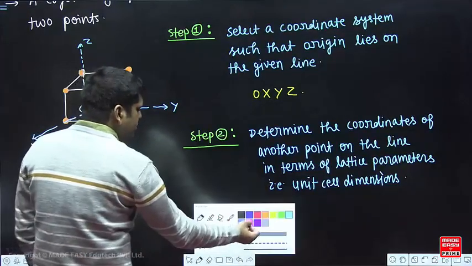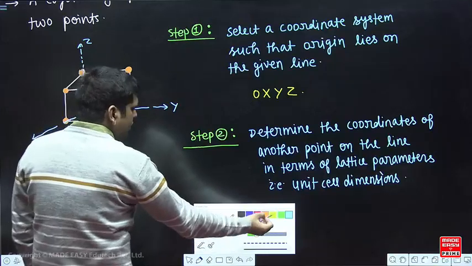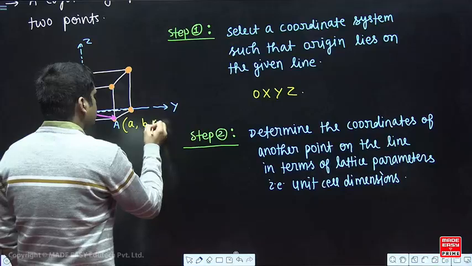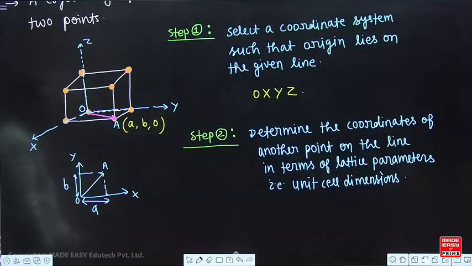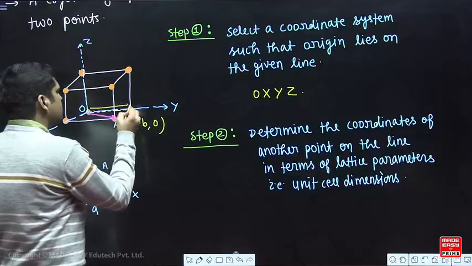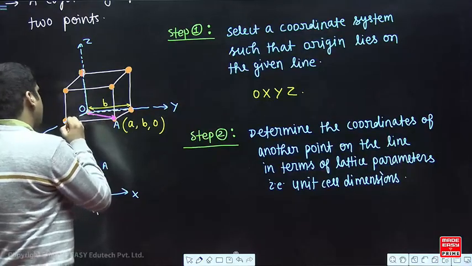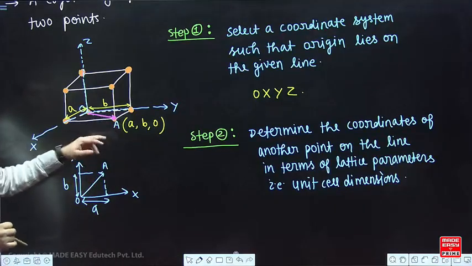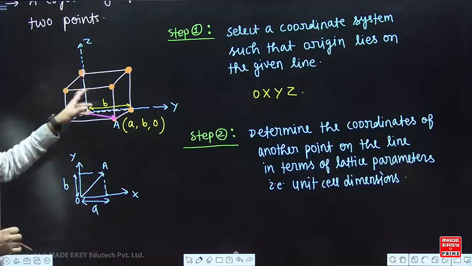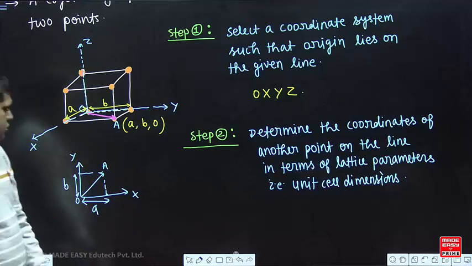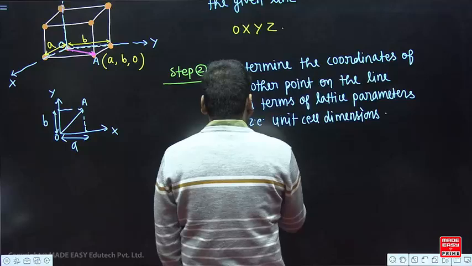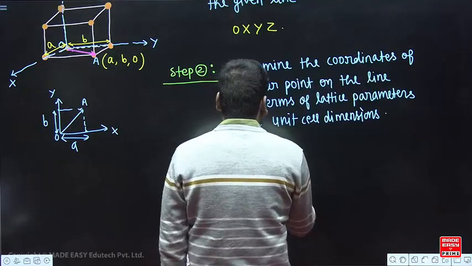So the coordinates of this point A can be written as a, comma, b, comma, 0. b is the unit cell dimension along the y axis, and a is the unit cell dimension along the x axis. It is only in the xy plane, so 0 will be the value for the z axis. So we have the coordinates of another point A on the line.